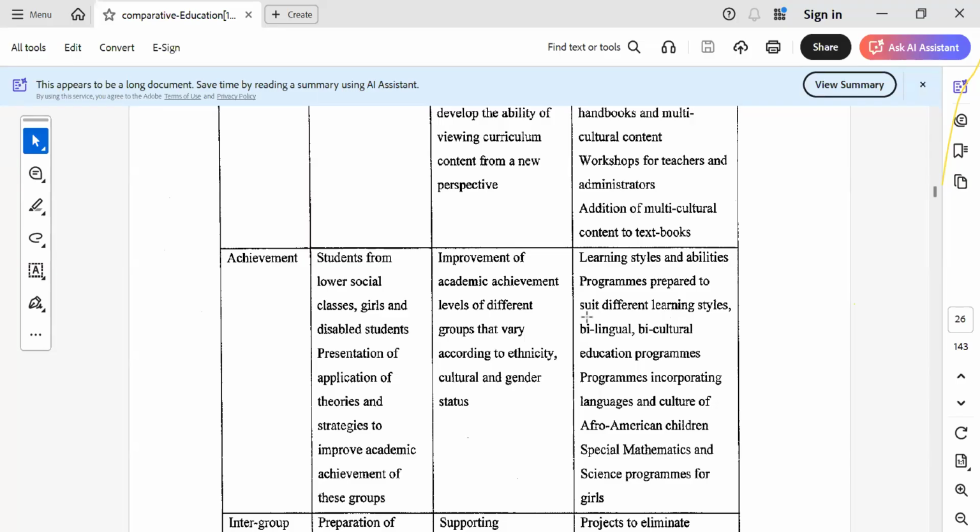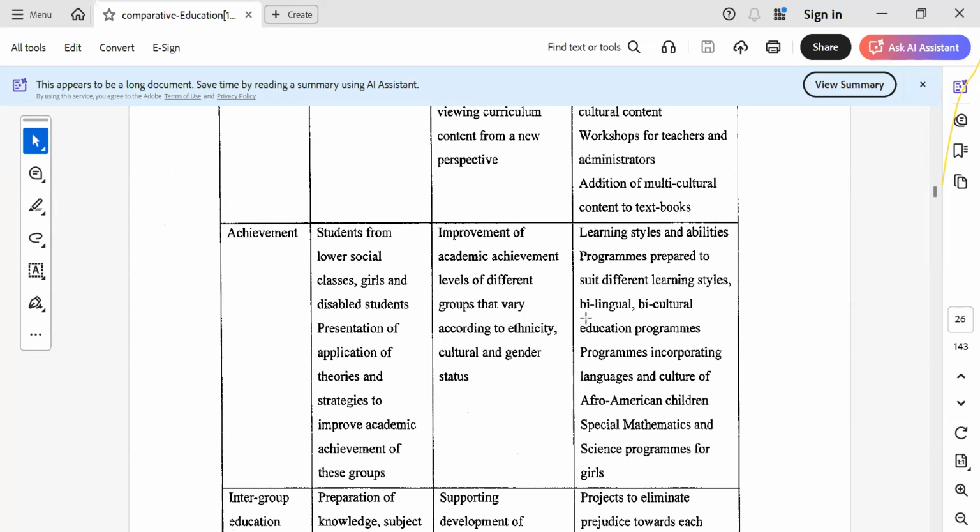And in language, when we are learning language, they emphasize bilingual education, right? To a certain extent, they are using bilingual, right? Incorporating languages and culture of Afro-American children, special mathematics and science programs for girls.